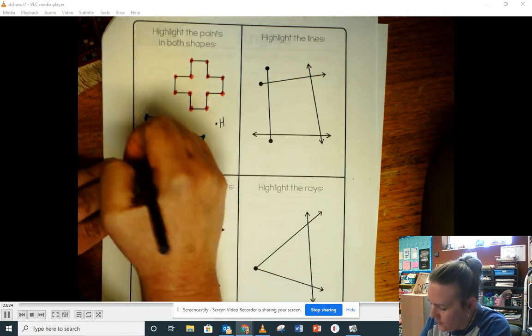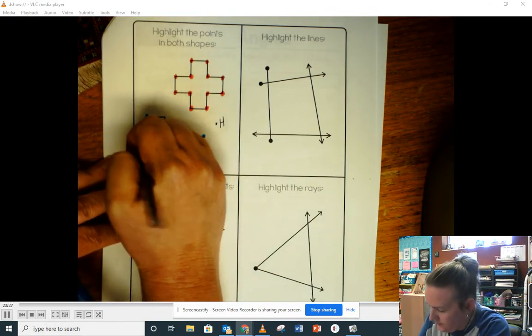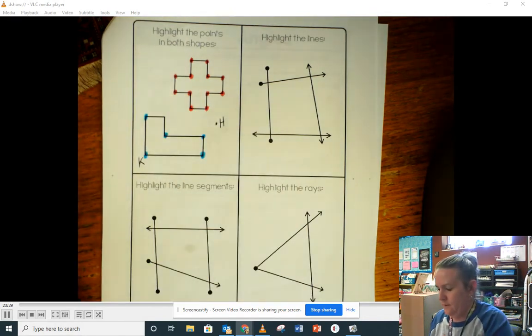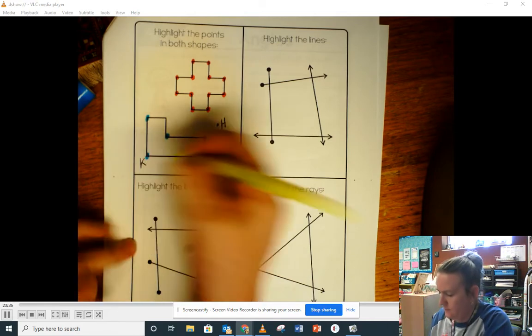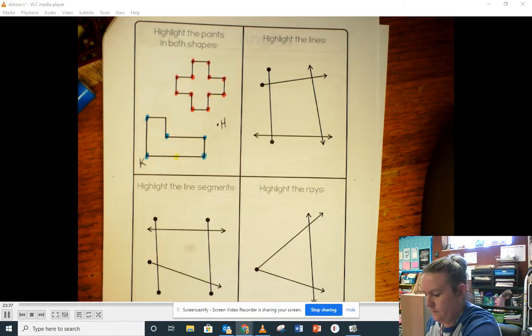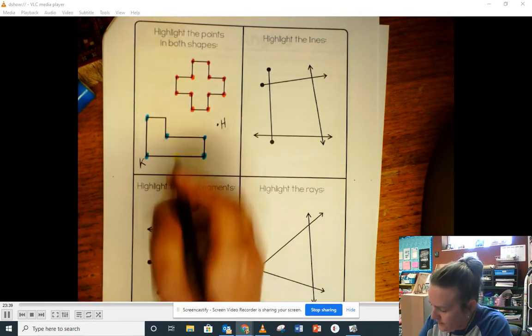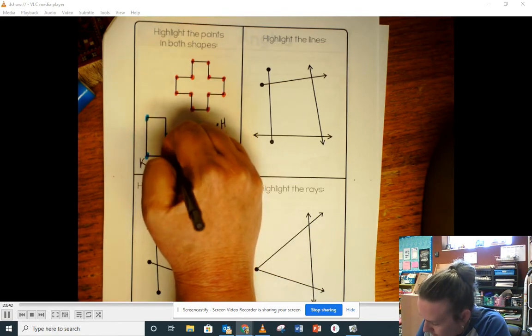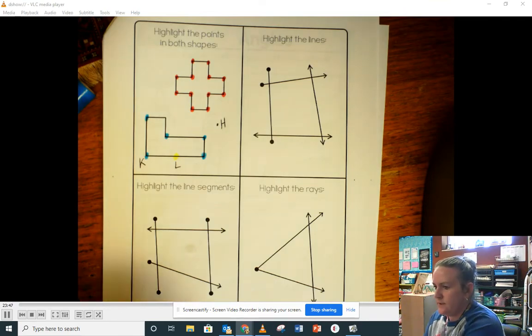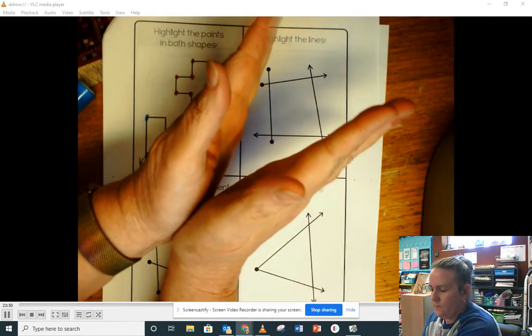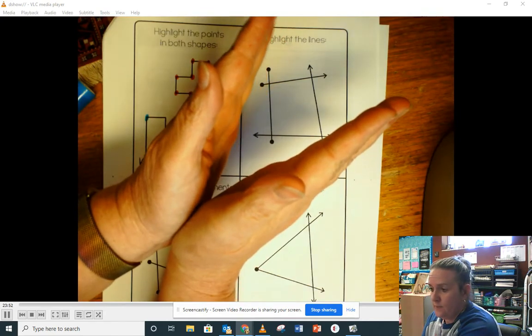So I could call this point K. If I really felt like I wanted to put another point in, then I could do this one and I could label it L. In geometry, we usually look at where an angle is, which, by the way, is made up of two rays.